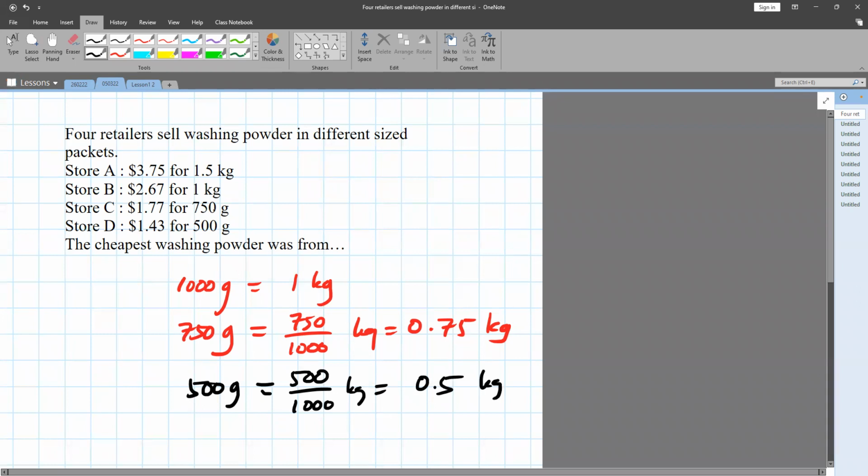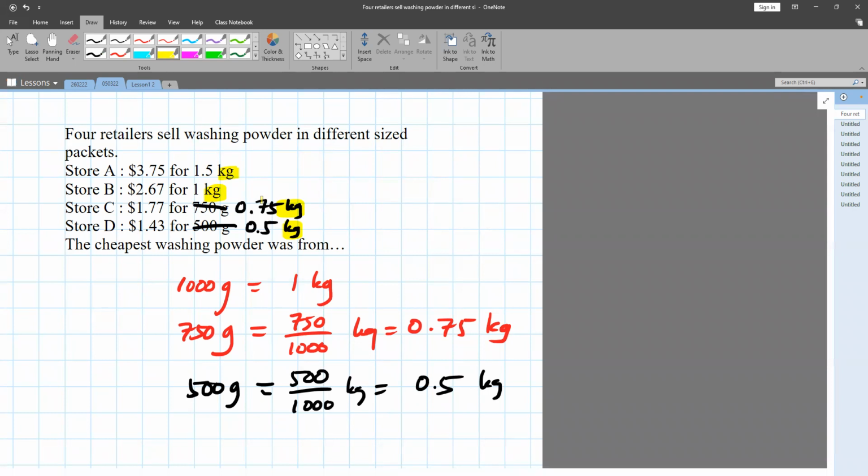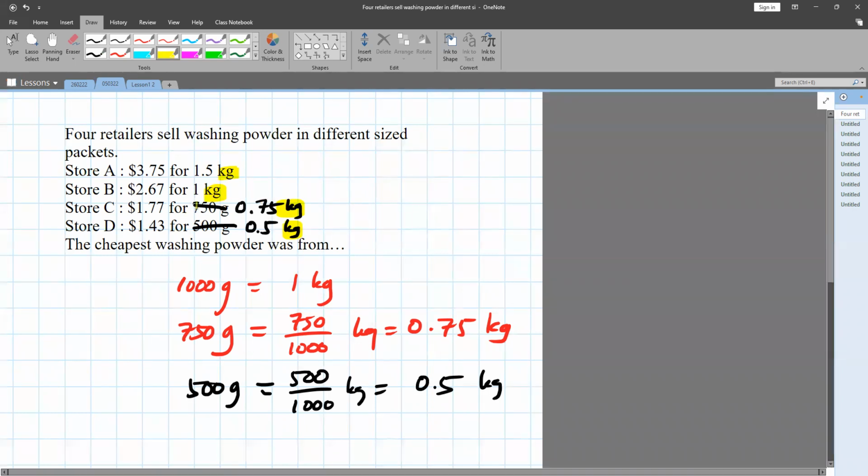Instead of 750 grams, we have 0.75 kilogram. And instead of 500 grams, we have 0.5 kilogram. Now they are in the same units: kilogram, kilogram, kilogram. This is very important when you want to compare things, they have to have the same units, because if they are different, it's quite difficult to see.